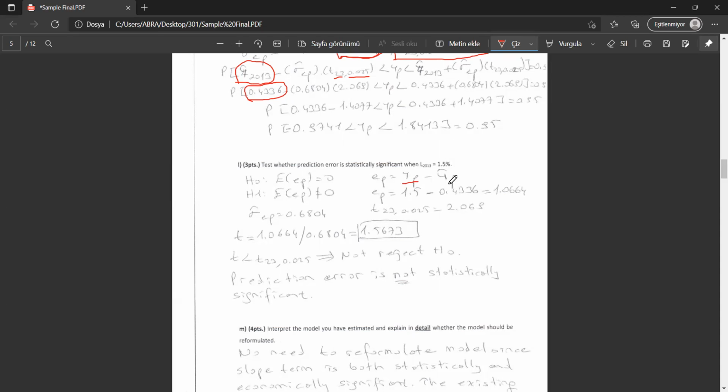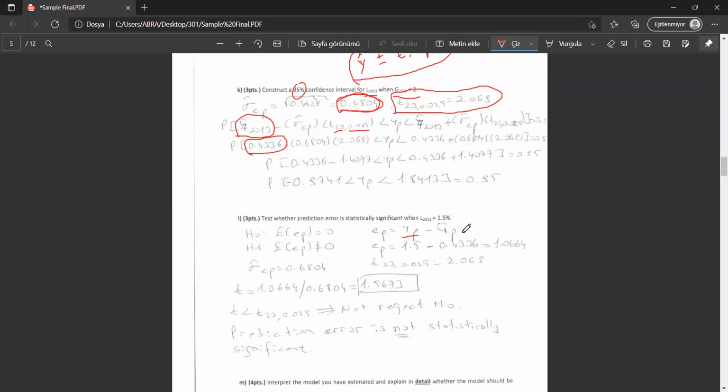Now we have predicted it as 0.43 here. But now the question tells us that it is 1.5. So we need to measure the difference between the actual value and predicted value. Here we can see it is done, and it is 1.06.